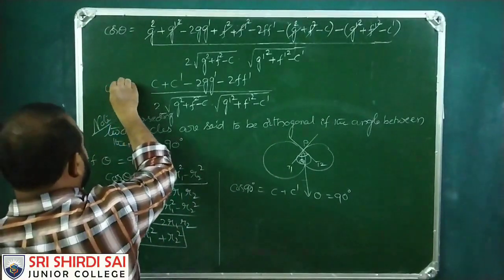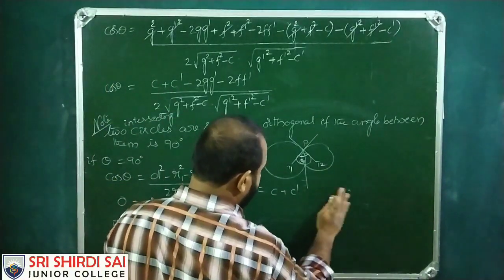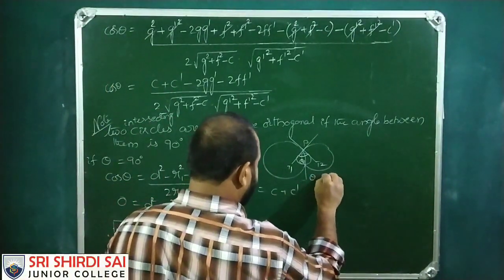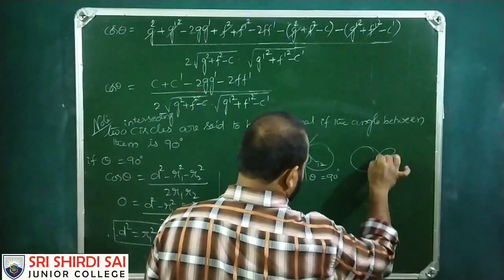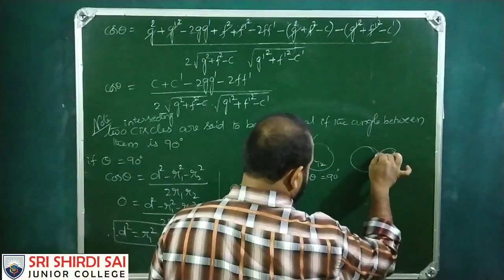Let us see what will happen when theta equals 90 degrees. That is, two circles like this, and these are the tangents.